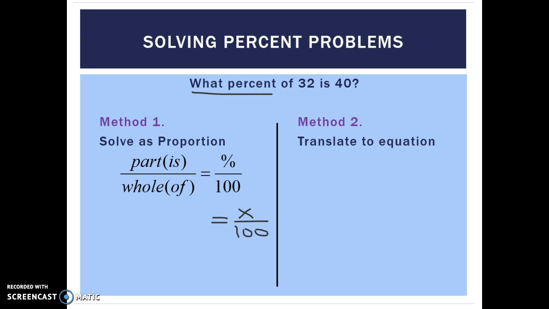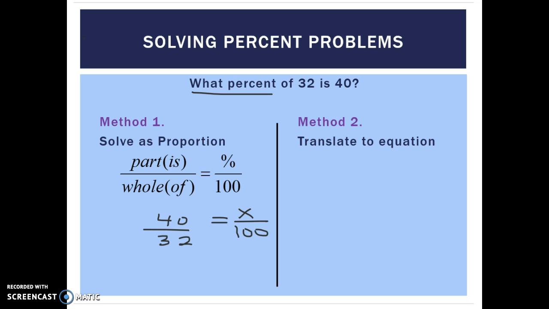Now, when you're setting up your proportion for your ratio for the other side, it's not always going to be the smaller number over the larger number. This is saying what percent of 32 is 40. So the whole that we're looking at is actually 32, and we're trying to find out what percent of it is 40. 40 is larger than 32, so you can expect the percent to be larger than 100.